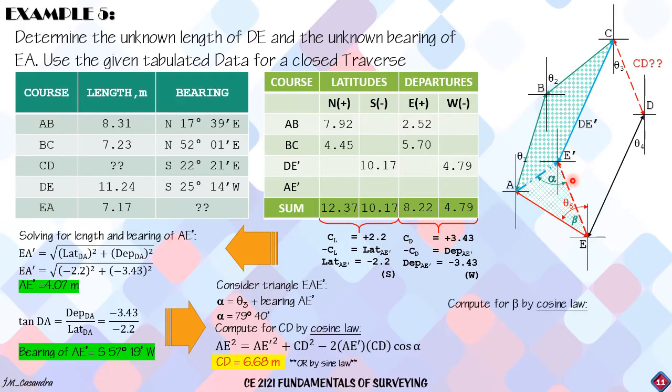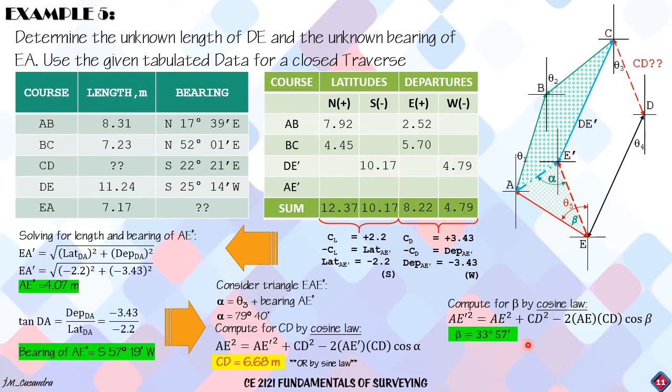And then to solve now for beta, we compute it by cosine law, or you could also use sine law. So by cosine law, this will now be AE prime squared equal to AE squared plus CD squared minus 2 AE CD cosine of beta. So beta now will be computed as 33 degrees 57 minutes.